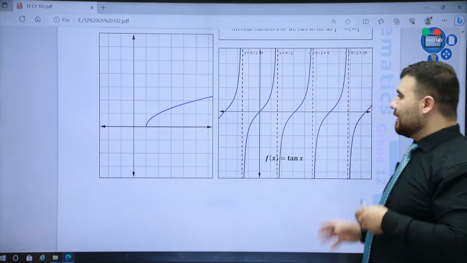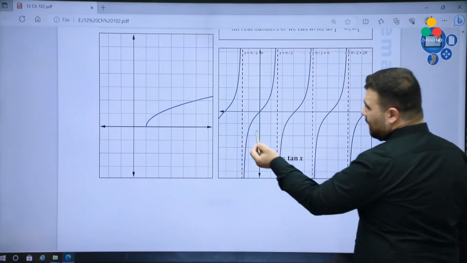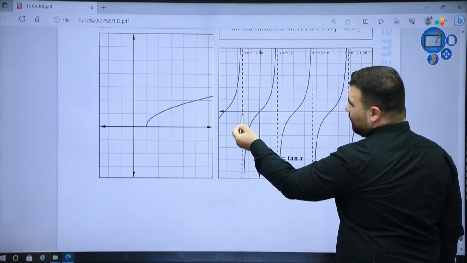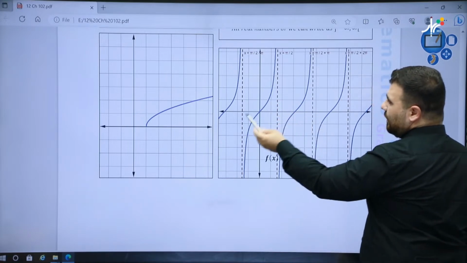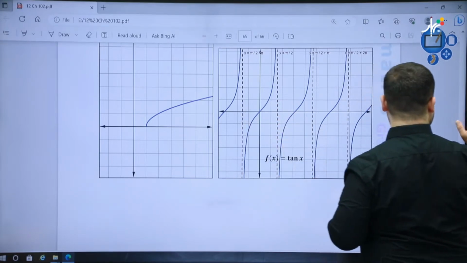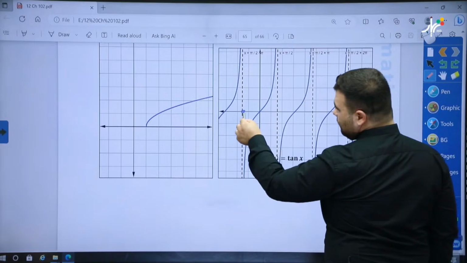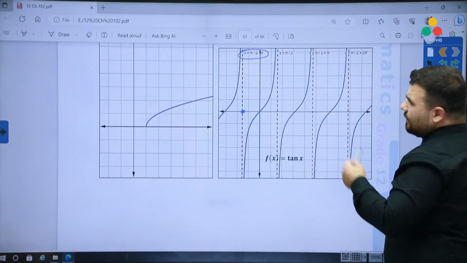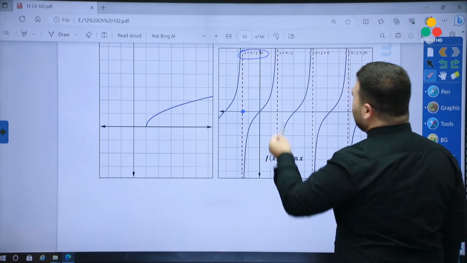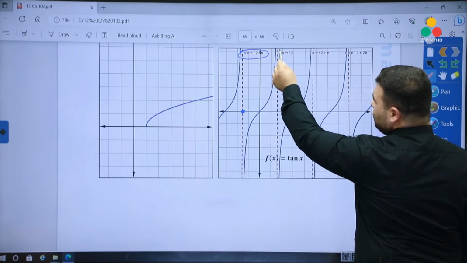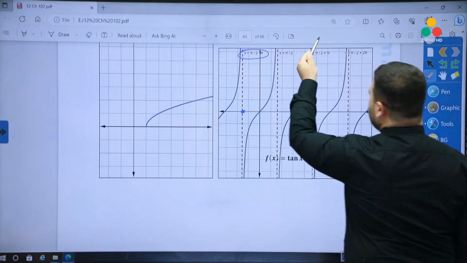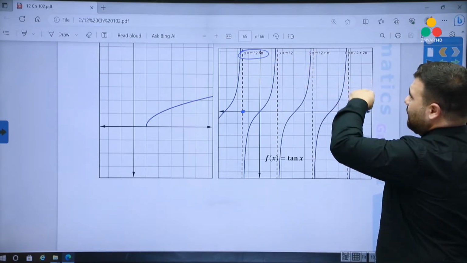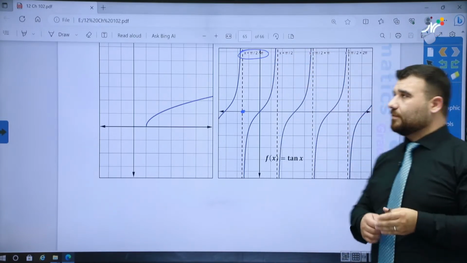Domain of tan is all real numbers except the numbers that make problem. This is pi over 2. This is negative pi over 2. This one is pi over 2. This one is pi over 2 plus pi, which means 1.5 pi.